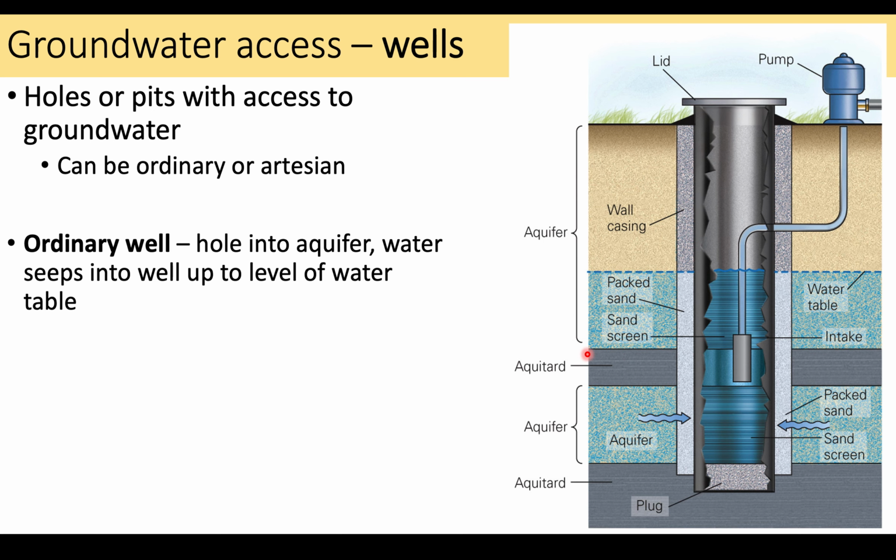Ordinary wells are where a hole is dug into the aquifer, and that water seeps up into the well, up to the level of our water table, and then you have a pump, or in the old days, a bucket, where you would pull the water upwards. Here it's literally just digging a hole all the way down into the water table so that the water will seep in and fill up your well. Then you can get the water. That would be an ordinary well.